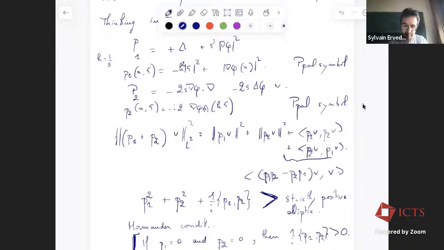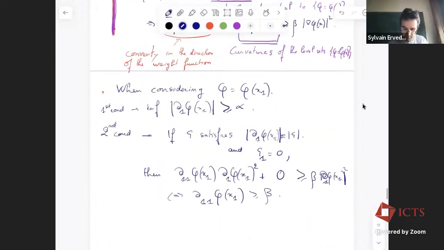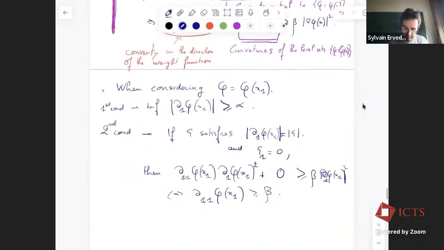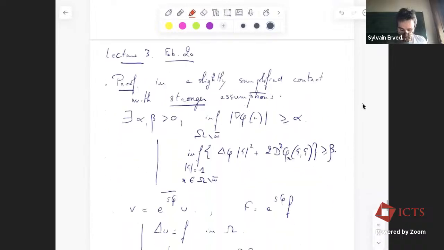Okay, which is precisely the set of conditions you have in here, right? So gradient of phi and psi have the same size and they are orthogonal. It's exactly the same.